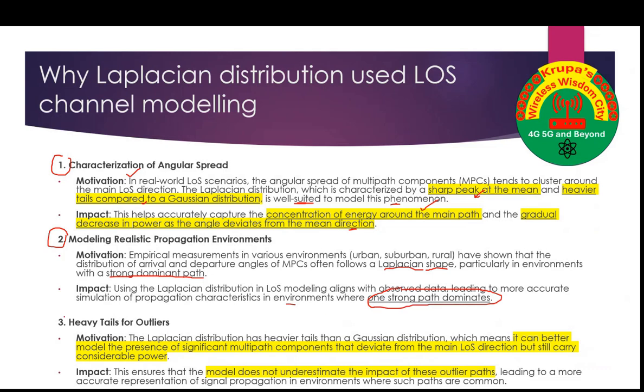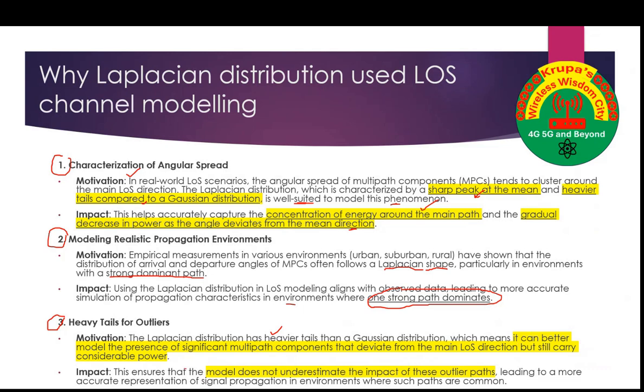And last but not least, heavy tails for the outliers. The Laplacian distribution has heavier tails, as we discussed, and a sharp spike at the mean compared to the Gaussian distribution, which means what?